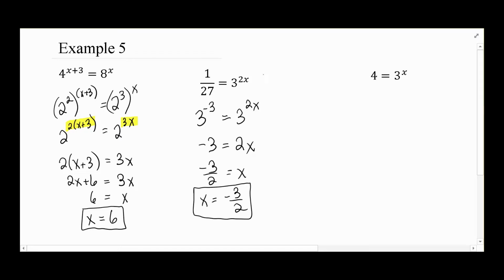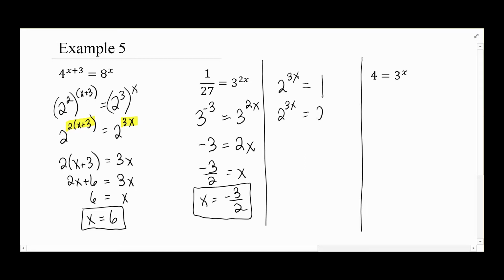Now, one other minor example that I didn't actually put into the notes, but let's just do it real quick, is to say, what if I had something like 2 to the 3x equals, let's say, 1. Same deal, I want to write this as 2 to some power.